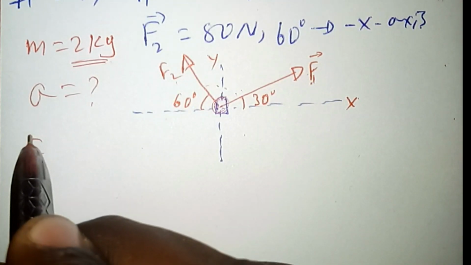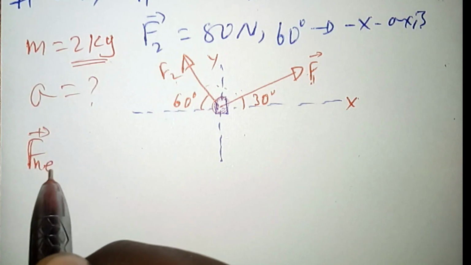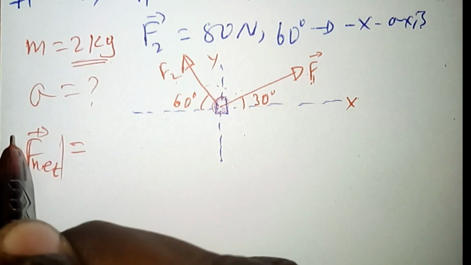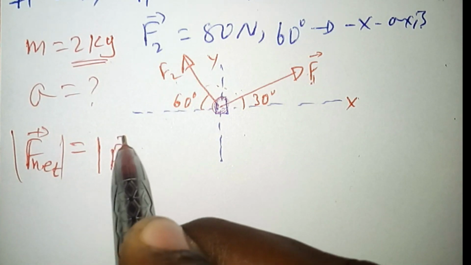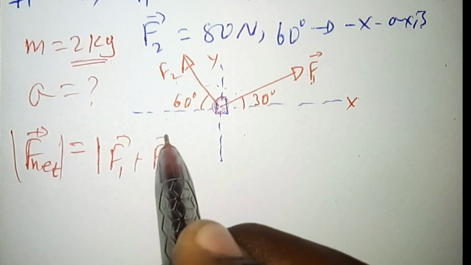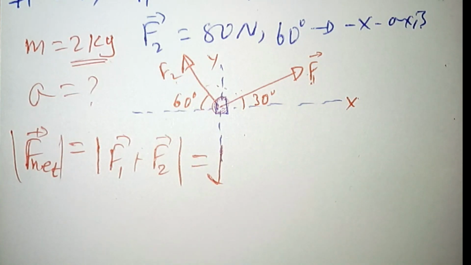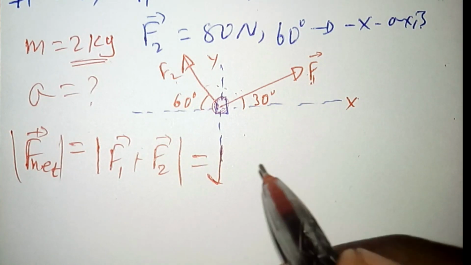That means the net force acting on the object, the magnitude of force 1 plus force 2, I can find by using the cosine law.